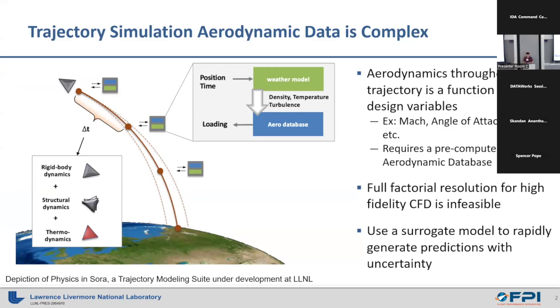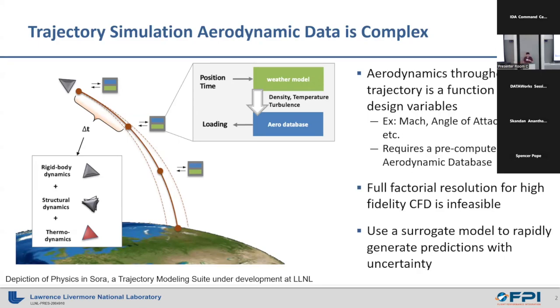These have a lot of different parameters that are going to influence the flight of the vehicle in your simulation. So for example, at each time point, you might calculate the speed that it's flying, the angle it's pointed, a lot of these different things, and then you're going to check it against this database, because running the computational fluid dynamics at each time point is basically impossible.